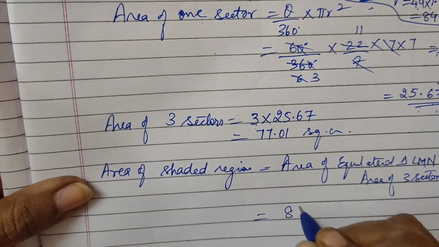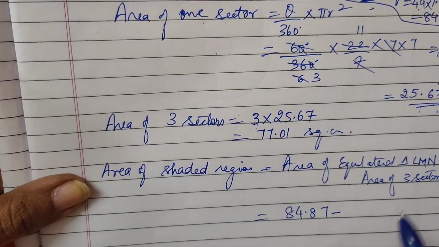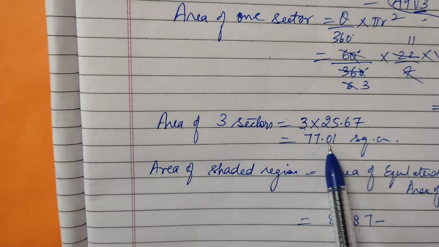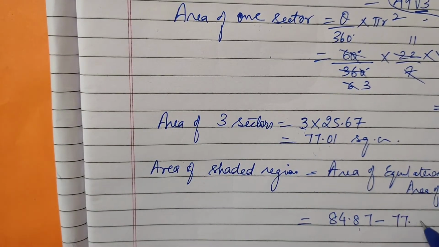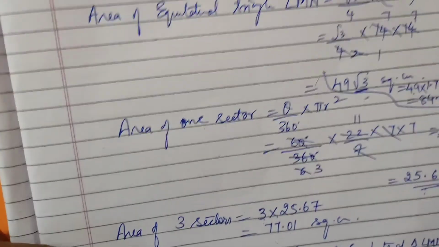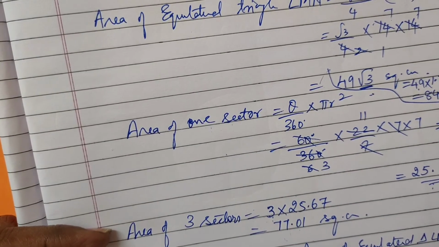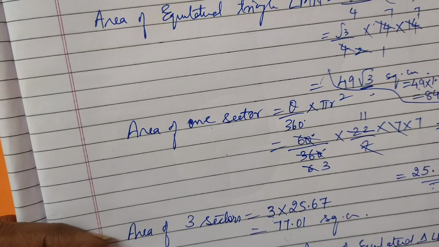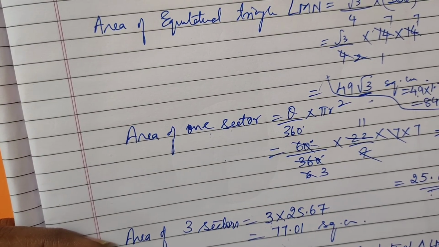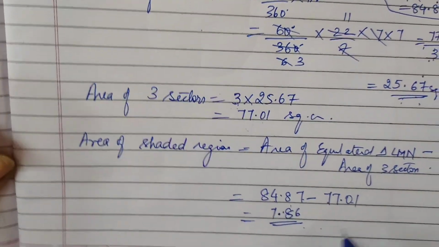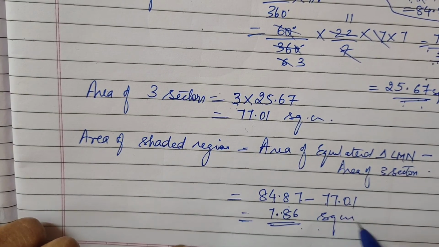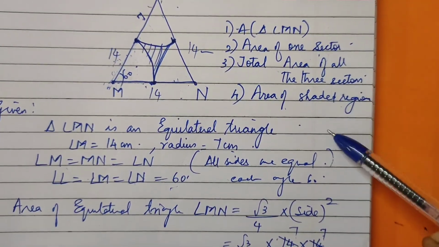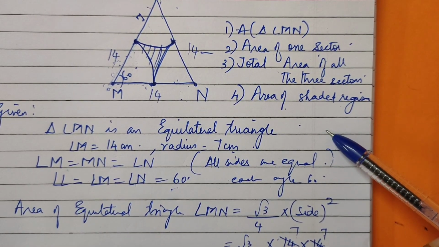So 84.87 minus 3 sectors we have written here 77.01. Okay, so when I subtract it here, I get 7.86 square centimeter. What is the area of the shaded region? So we have found out the answer for all these 4 questions. It's a very important question.